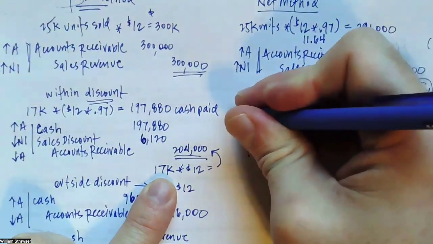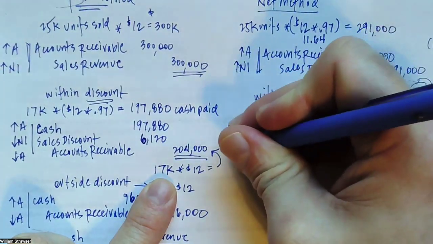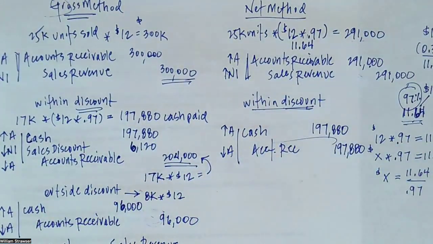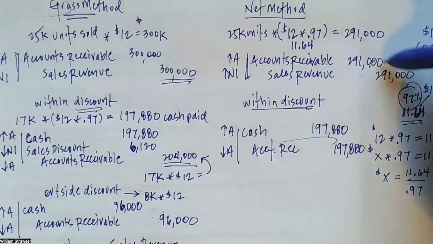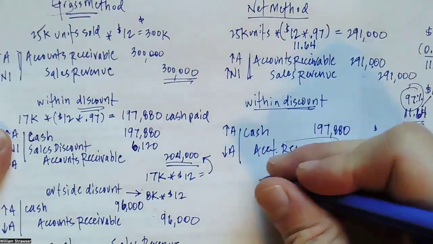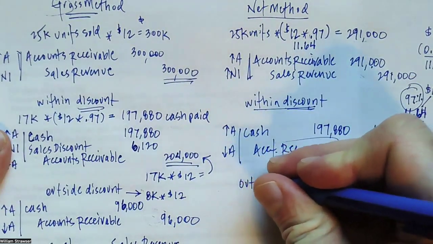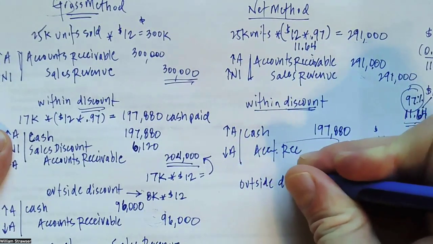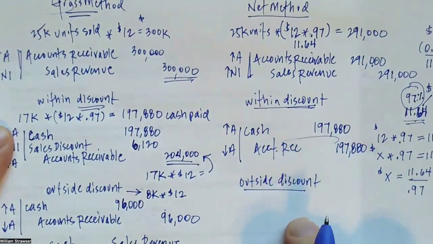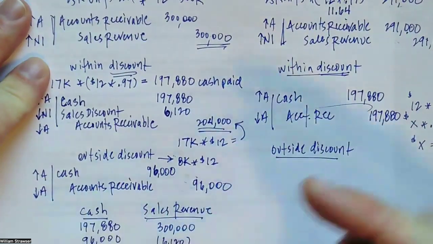There's no surprise, there's no third account necessary because they acted within the bounds of how we recorded and valued my receivables and my sales revenue under the net method. However, when they pay outside the discount window, we have a little bit of friction because the amount of cash that we record will be the same here.